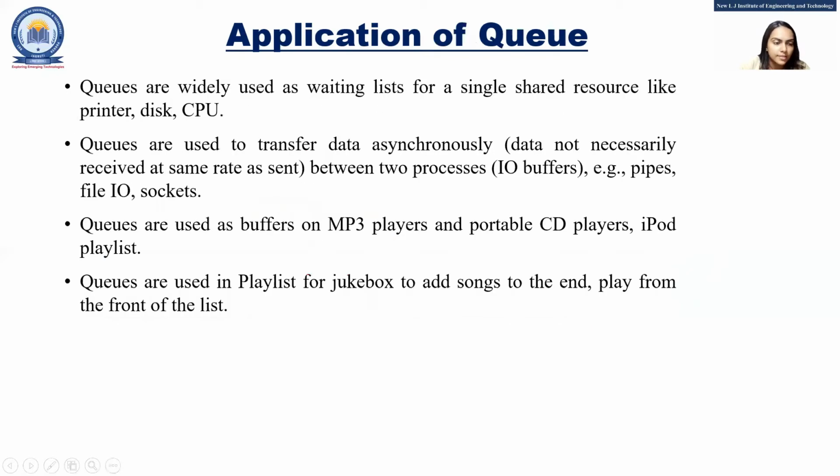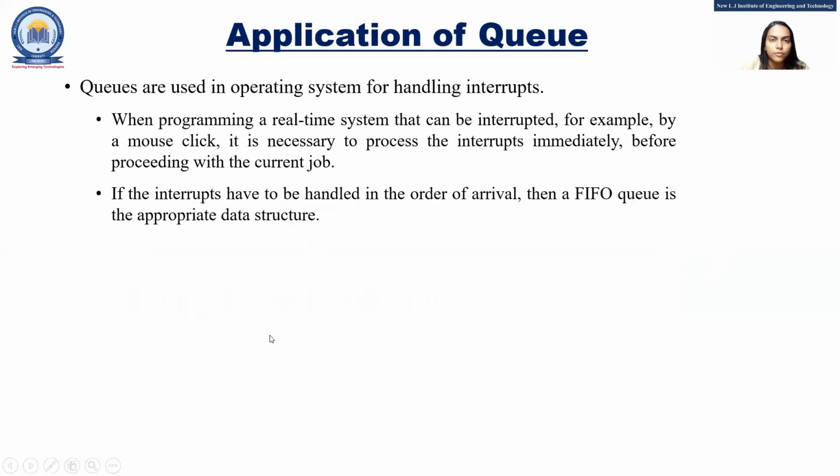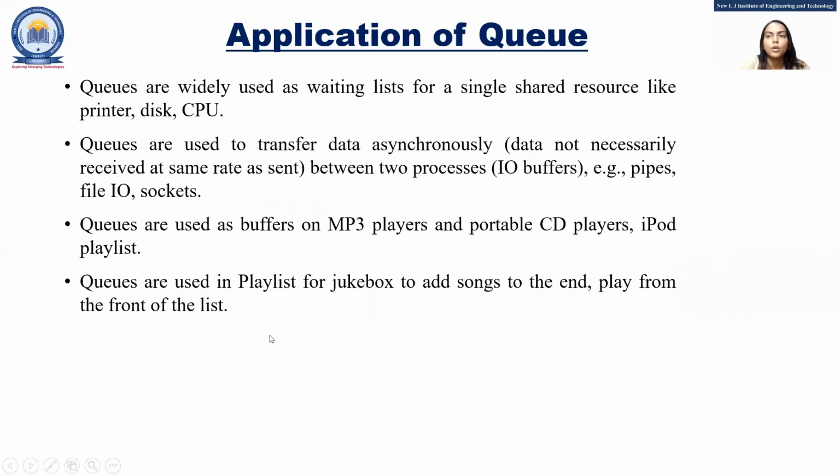Now students, let us see the general applications of the queue. What are the different applications of queue? We have already gone through the entire chapter, and now we know that queues follow the first in, first out procedure.